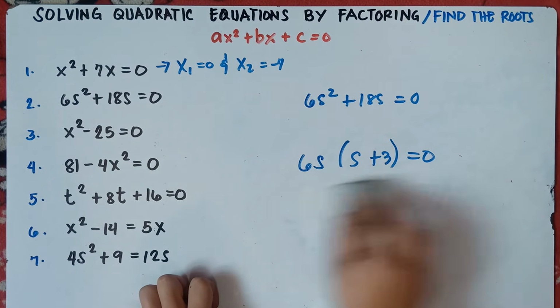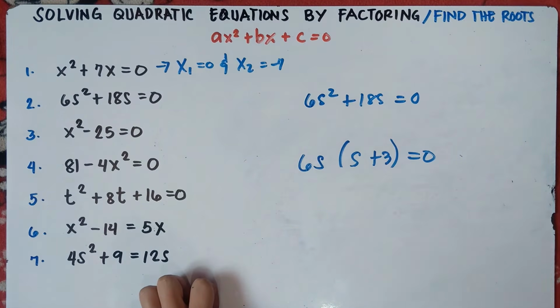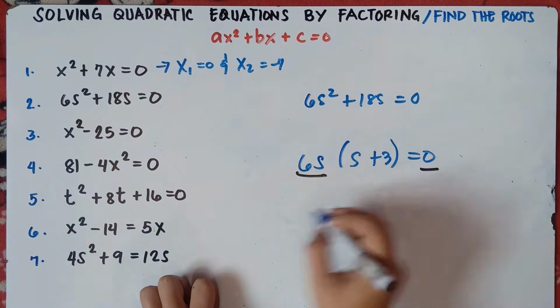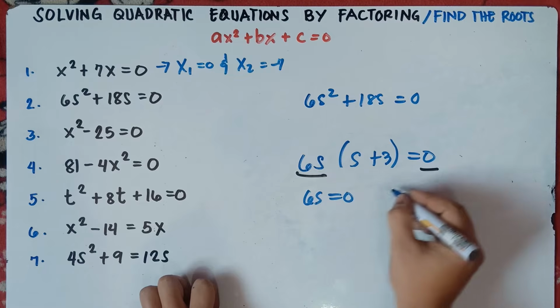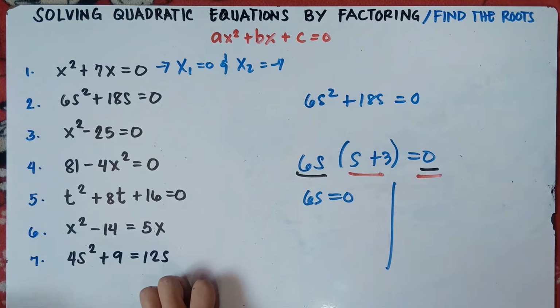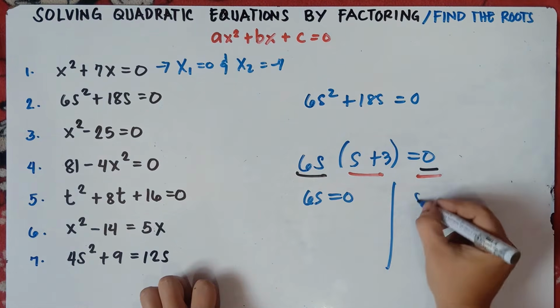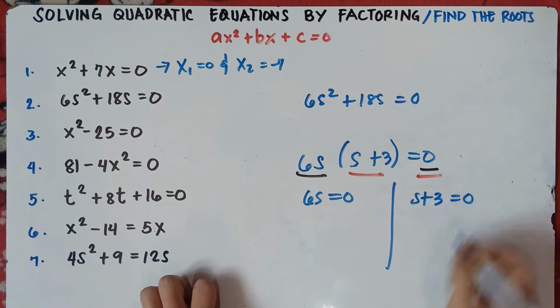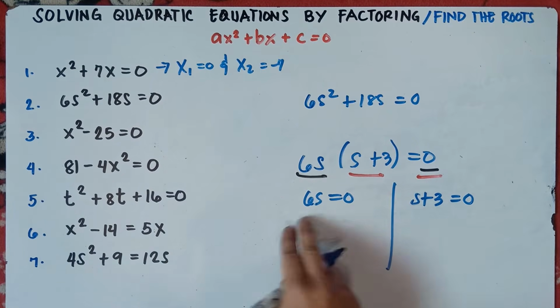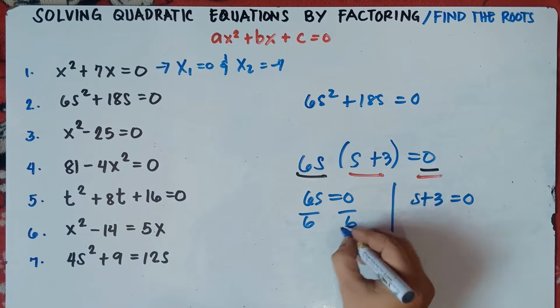Alright, to find the roots, you equate this first one, 6s, to 0, and the other one, this quantity, to 0. So 6s equals 0, and s plus 3 equals 0. To get the value of s in the first equation, divide both sides by 6.